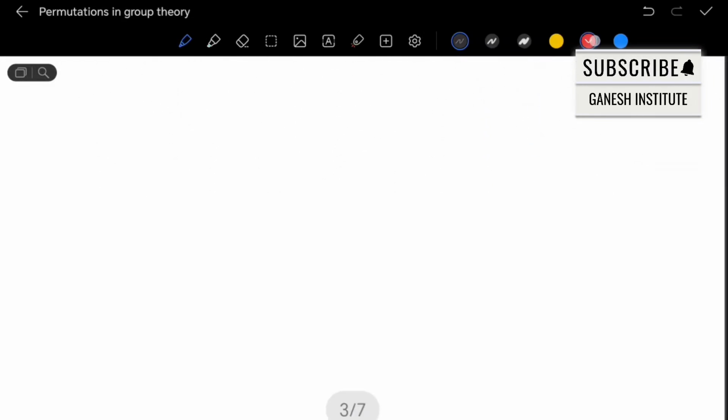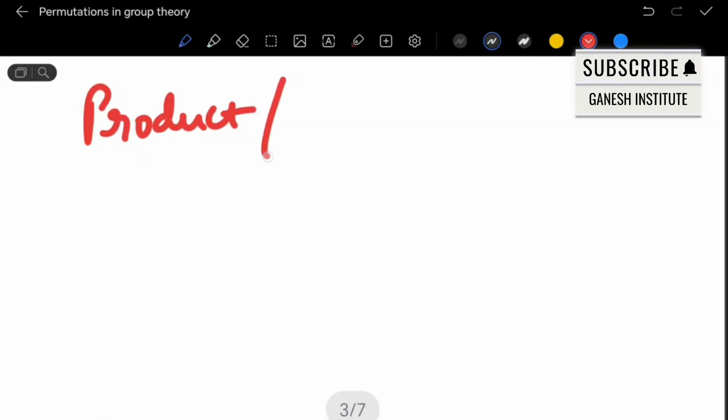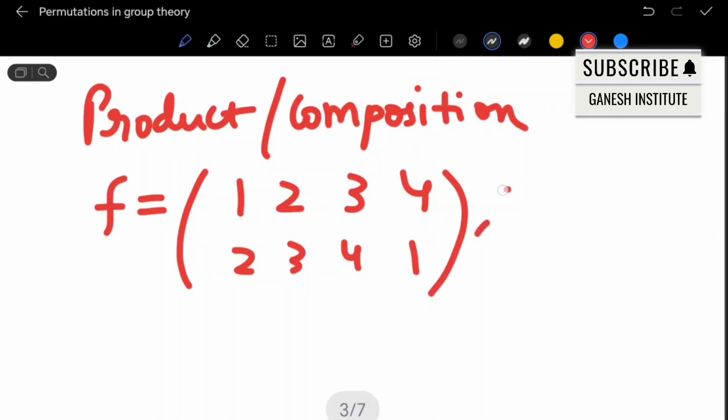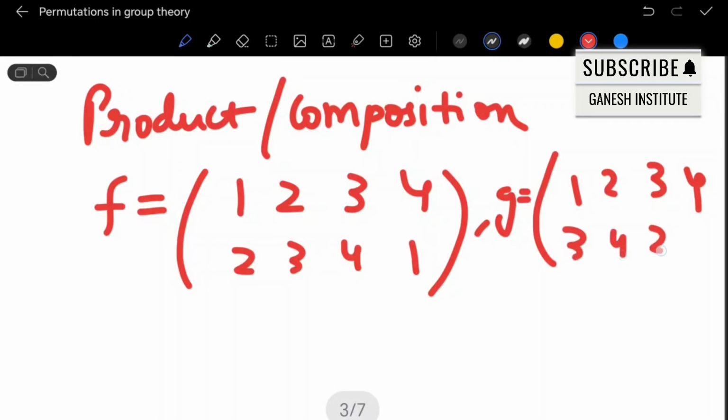Then what have we got? We have product or composition of permutations. So here, let's say I have F as 1 2 3 4 and the mapping is 2 3 4 1, and I am having G as 1 2 3 4 with the mapping as 3 4 2 1.